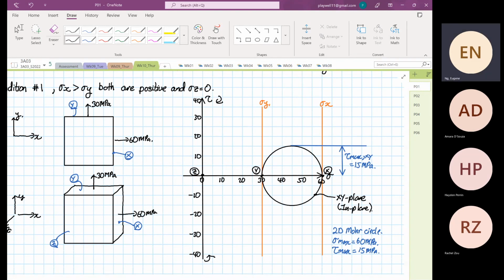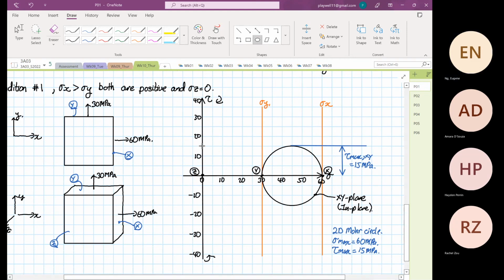Then we have to draw another 2 more circles. Okay. So the next circle that we're going to draw, and some of you might say this circle might not be very significant, and you're right. Right. So this is the next circle. And this happens to belong to the YZ plane.